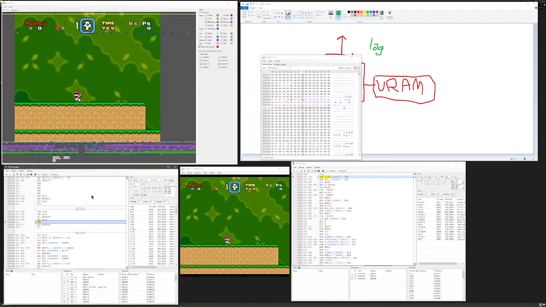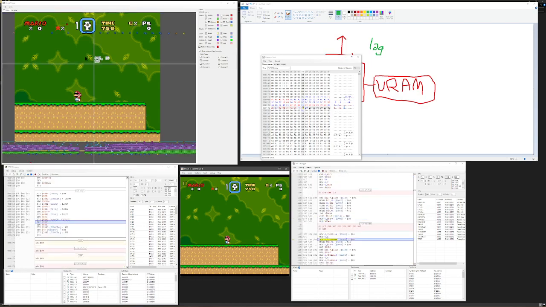So it takes 2 lines to run. So if you have a low score, it takes 2 lines to draw the score. If your score is the maximum, it takes 22 lines to draw the score.